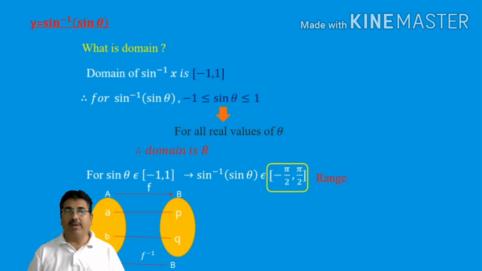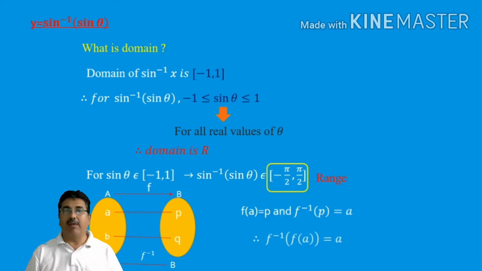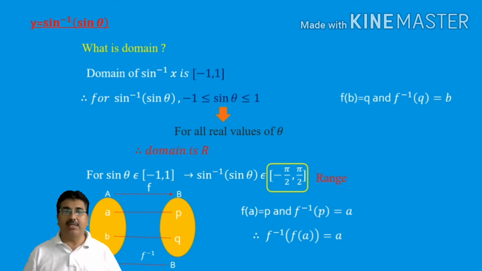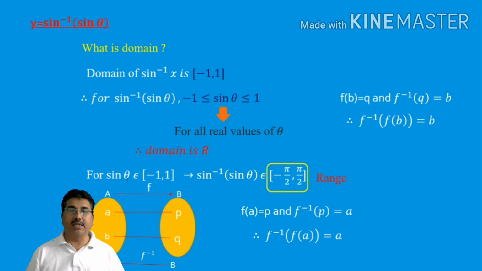Therefore, f inverse of f of a is equal to a. Similarly, f inverse of f of b is equal to b. Thus, f inverse of f of x is equal to x.